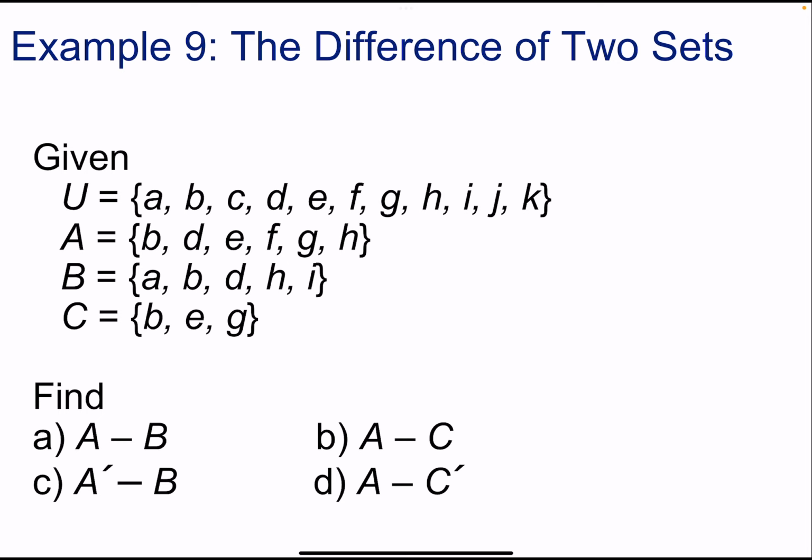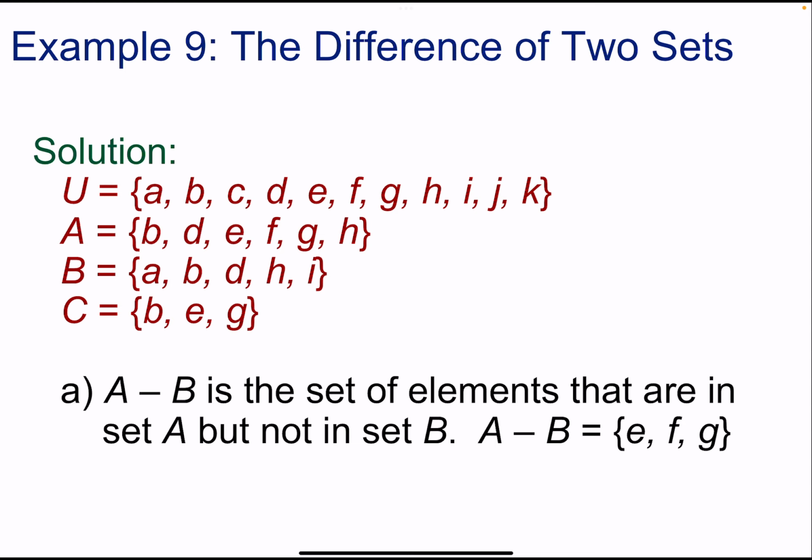Let's look at a concrete example of the difference of two sets, A minus B. Again, you need to define the underlying universal set, and A, B, C are defined here. A minus B should be simple. What we need is to remove elements of B from A, right?